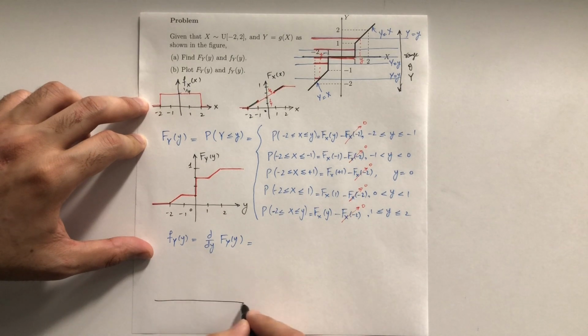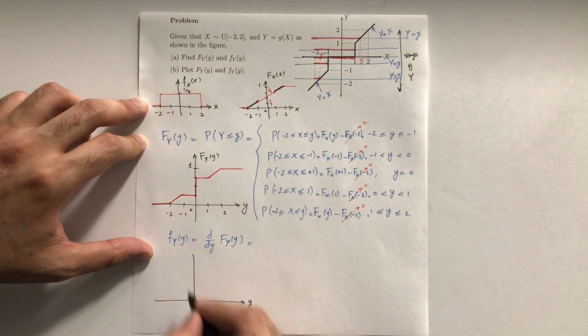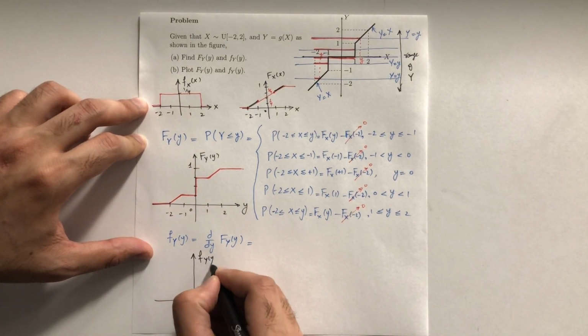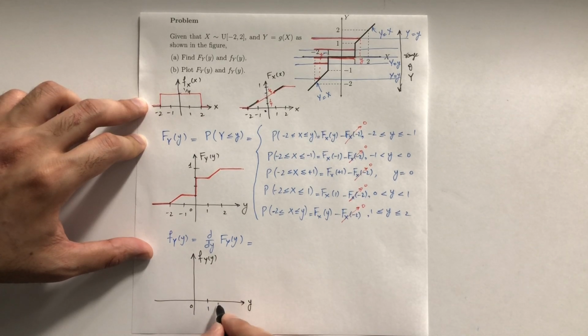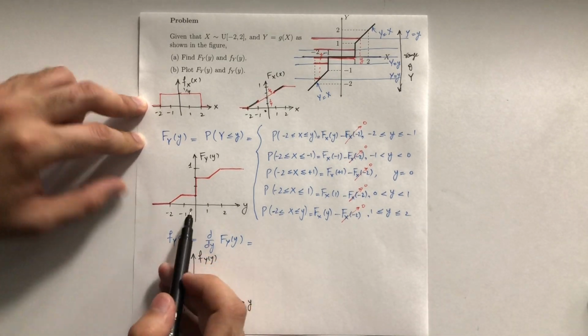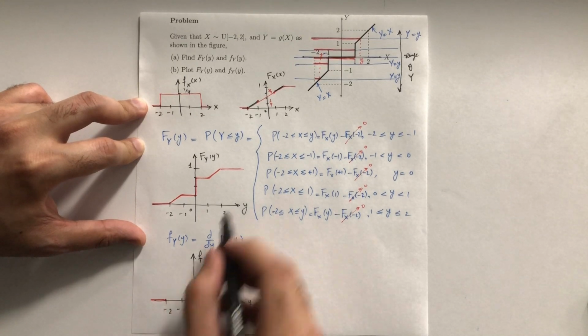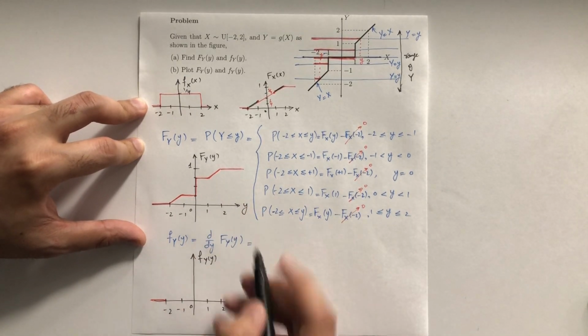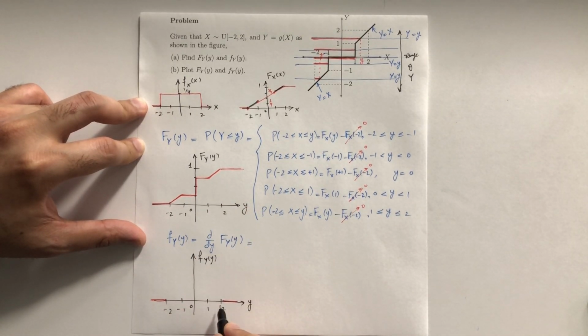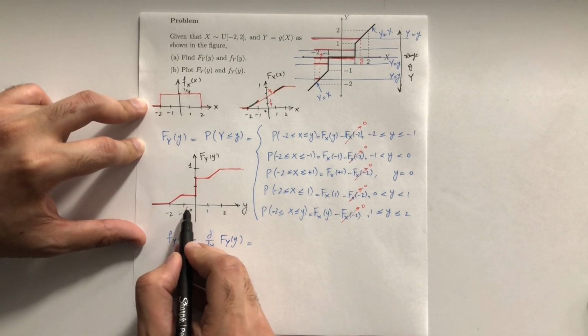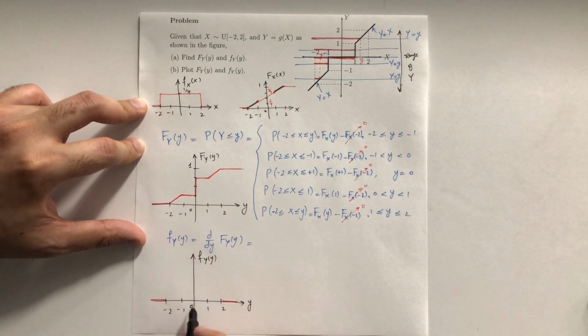So if you plot it first, this is y, this is fy of y, 0, 1, 2, negative 1, negative 2. So we see the slope before negative 2 is 0. The slope of this function after 2 is also 0. And the slope is 0 between -1 and 1.